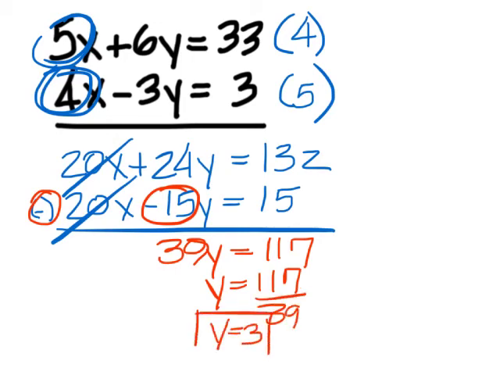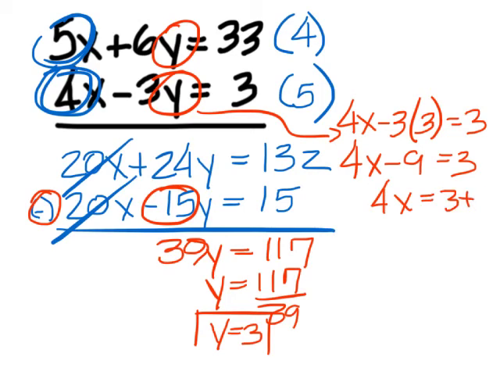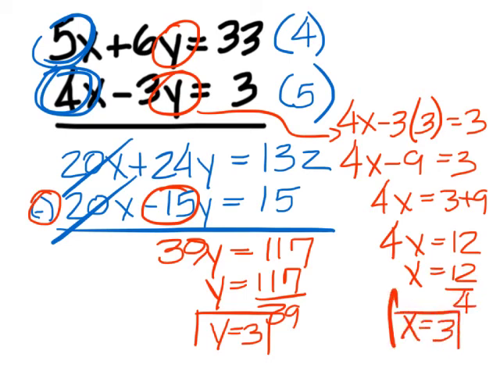That 3 needs to be put back in either here or here. I'm going to use this one. 4x minus 3 times 3 instead of y. And that will simplify to a 9, which you will move to the other side. Make it plus. Simplify it to 12. Divide 12 by 4 to get an answer of 3. So your final answer is 3, 3.